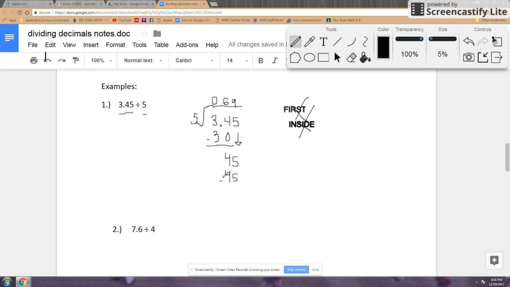Then I subtract and get 0. All right, the last part, we bring the decimal straight up into our answer, right here. So our answer for 3.45 divided by 5 is 0.69.